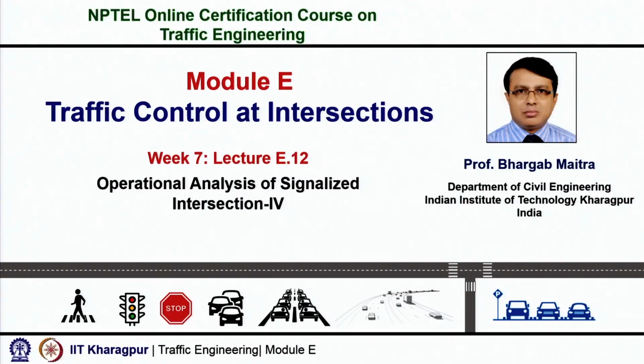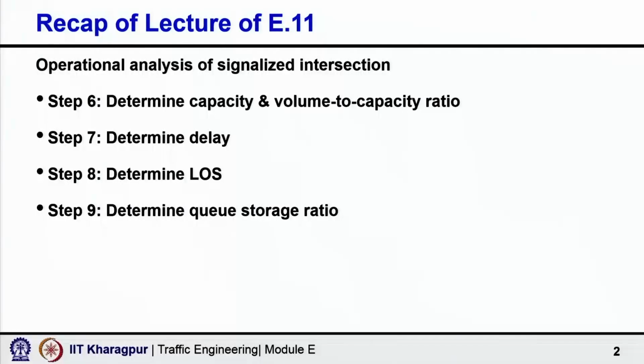Welcome to Module E, Lecture 12. In this lecture also, we shall continue our discussion about operational analysis of signalized intersection. In Lecture 11, we discussed primarily about step 6, how to determine the capacity and volume to capacity ratio.